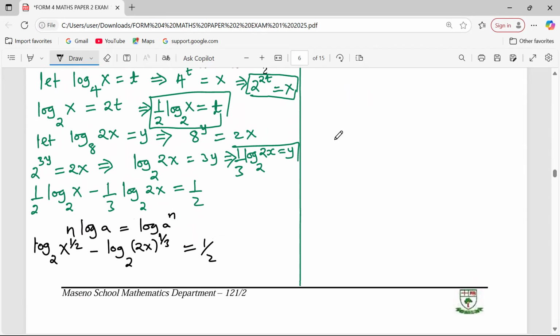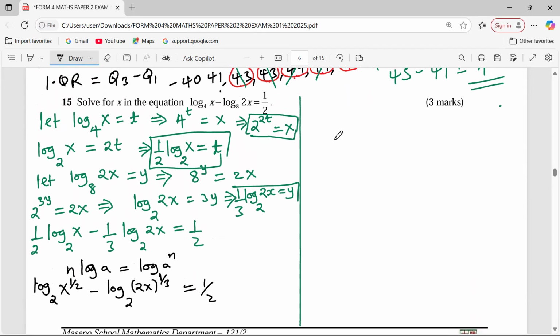At that point, we can again apply the second law of logarithms. We are still on logarithms. Remember, when there is a minus at such a point, we usually apply the law that says if we have the log of a minus the log of b, this can be simplified by taking the log of a over b.